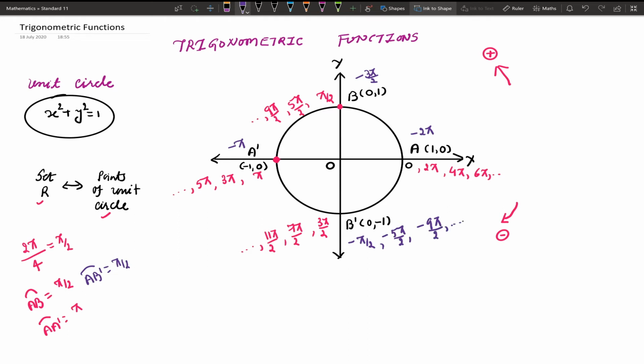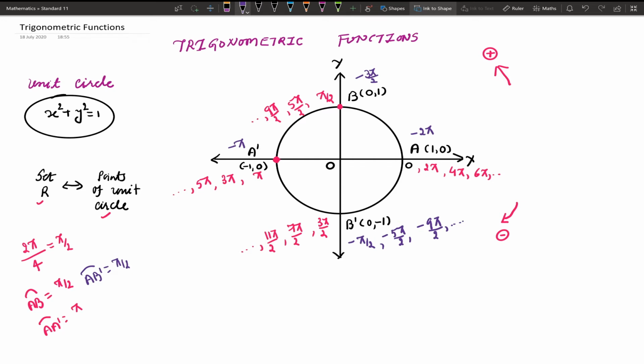So these are the real numbers: minus pi by 2, minus 5 pi by 2, minus 9 pi by 2, etc., and the corresponding point of the unit circle is B'.